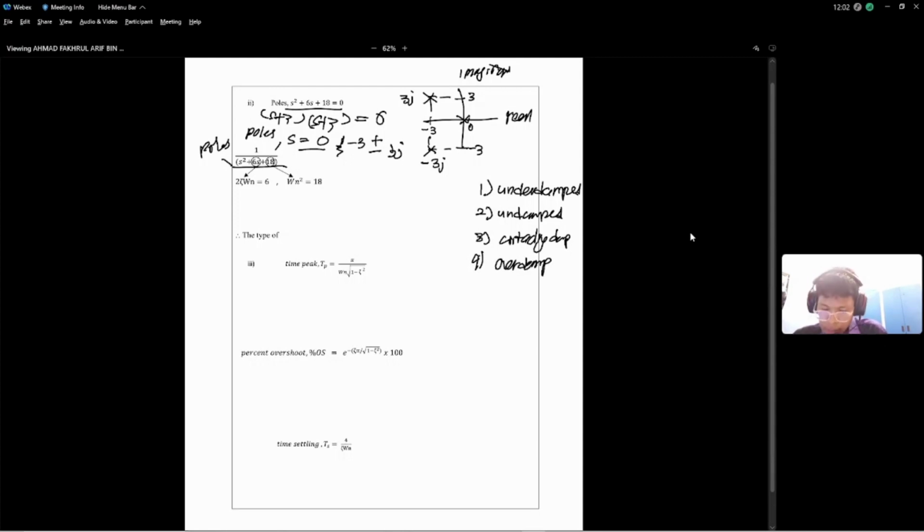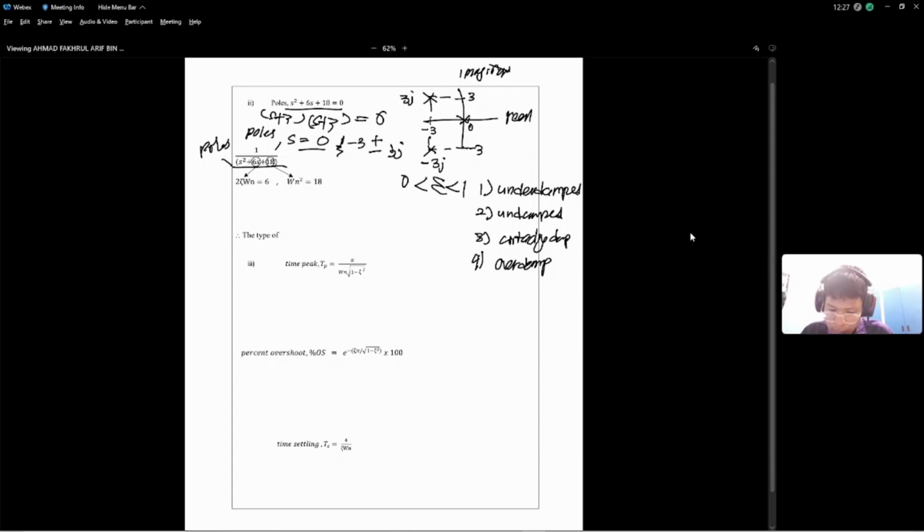To know whether it is underdamped, undamped, critically damped or overdamped, we use the damping ratio. For underdamped, the damping ratio must be higher than 0 but lesser than 1.